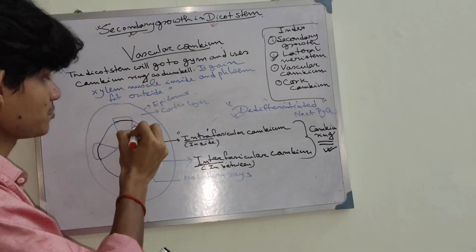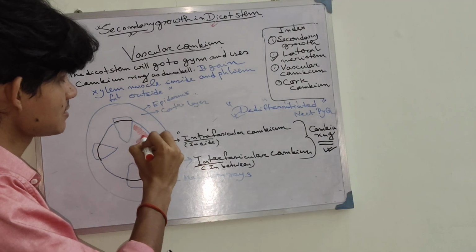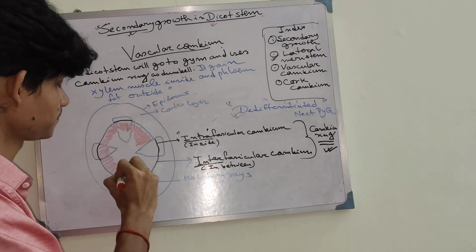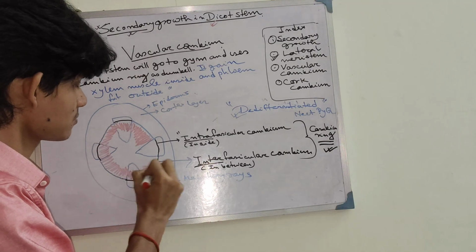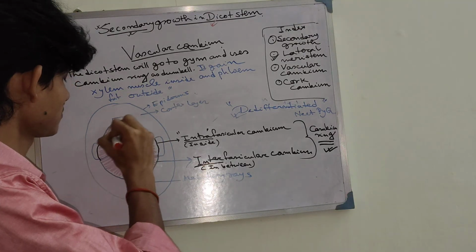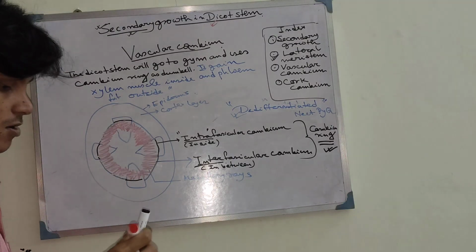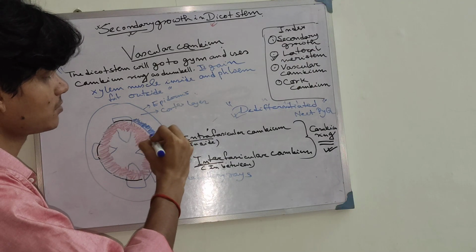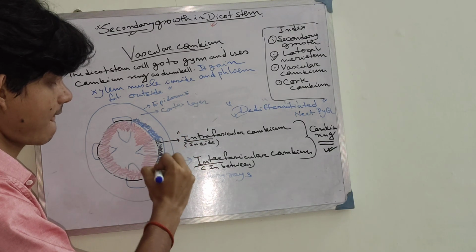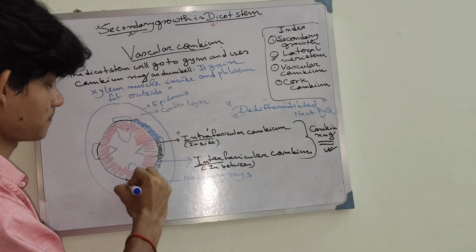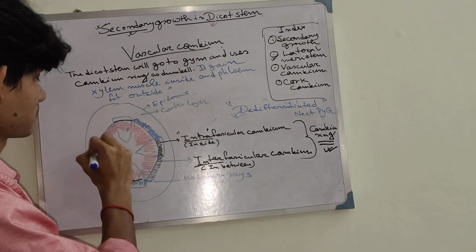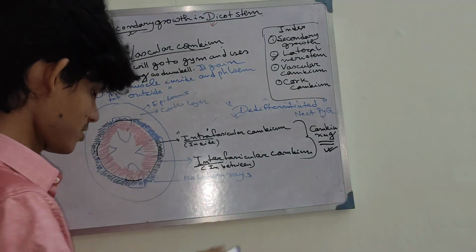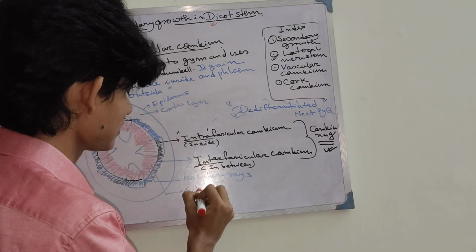On the inner side it will produce secondary xylem.